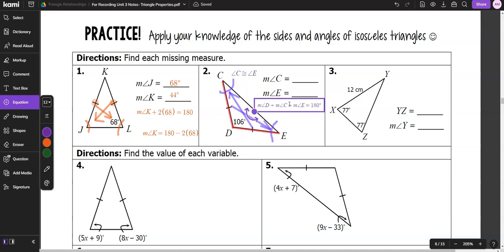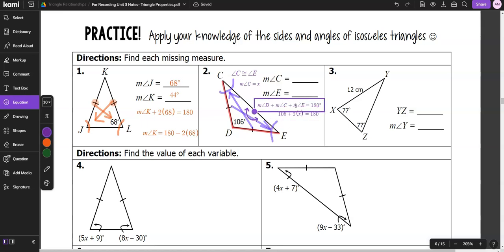All right, so we don't know what angle C and angle E are. We just know that they are the same. So what we can say is that 106 plus 2 times the unknown measure, so we're just going to say x here, is equal to 180. Okay, so we're saying the measure of angle C is equal to x.